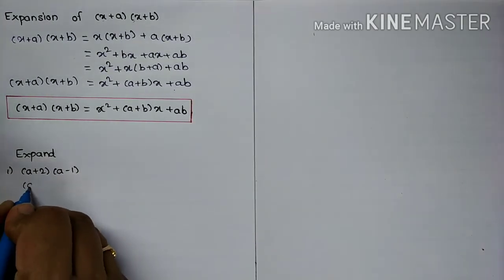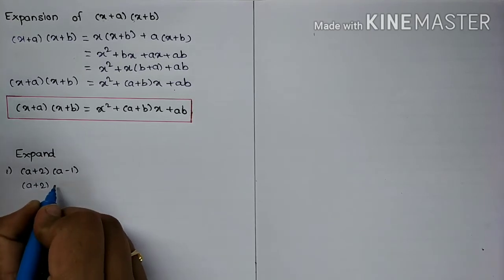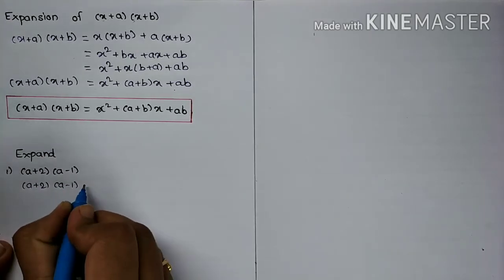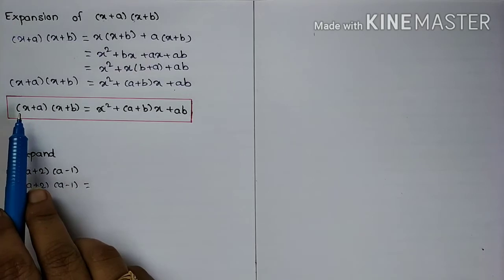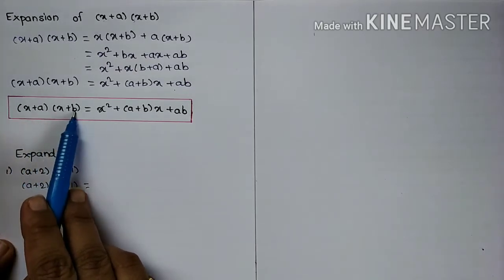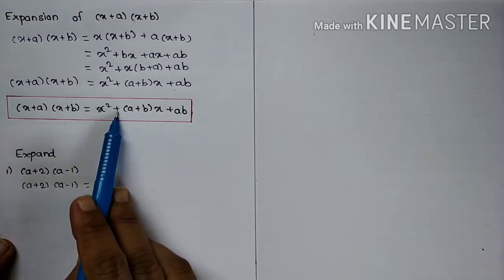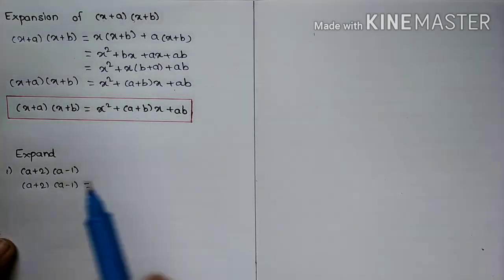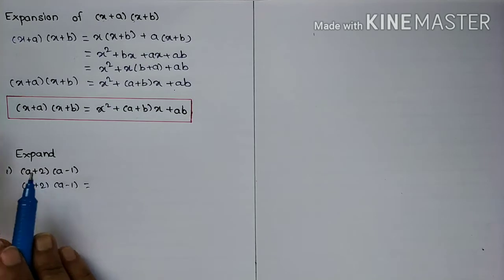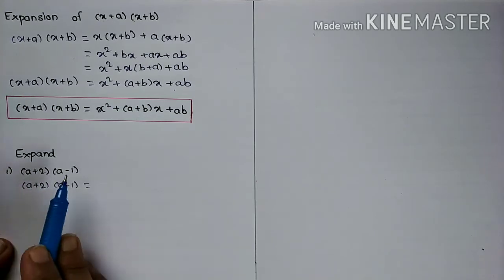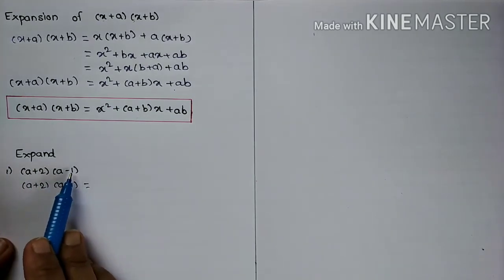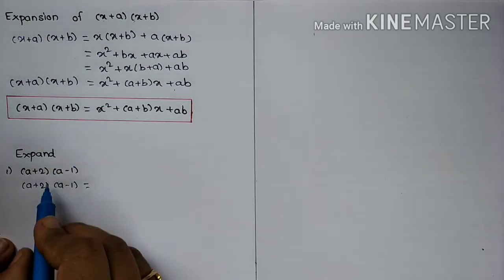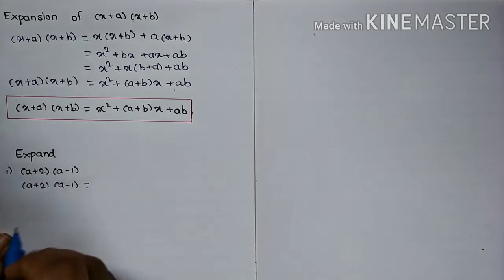Therefore, (a + 2)(a - 1) equal to, see here, (x + a)(x + b) is x square plus (a + b) into x plus ab. Here x is a, a is 2 and b is minus 1. So substitute values in this formula.